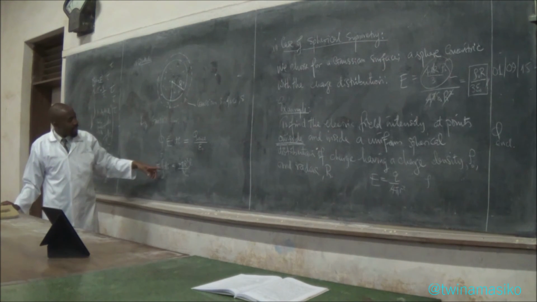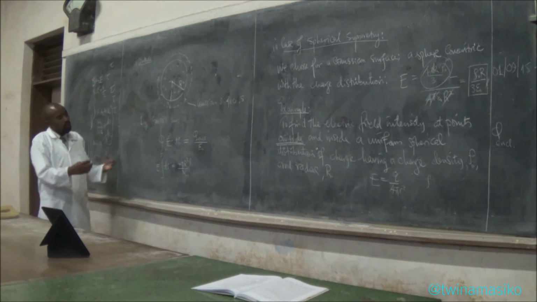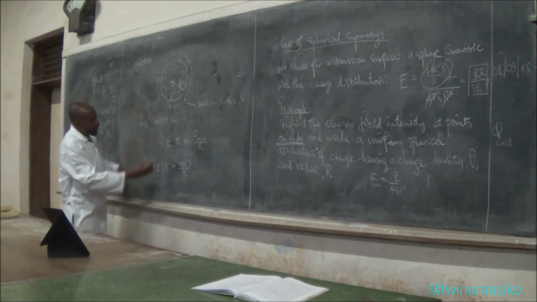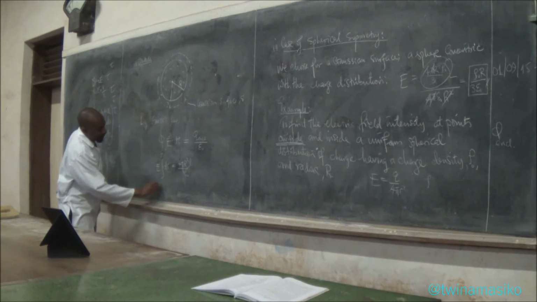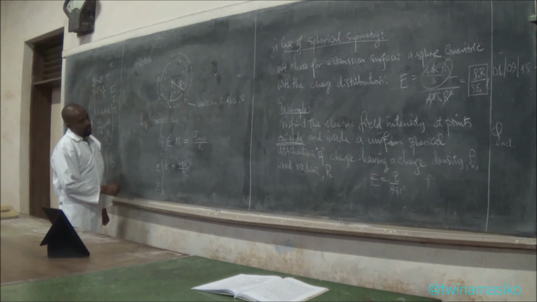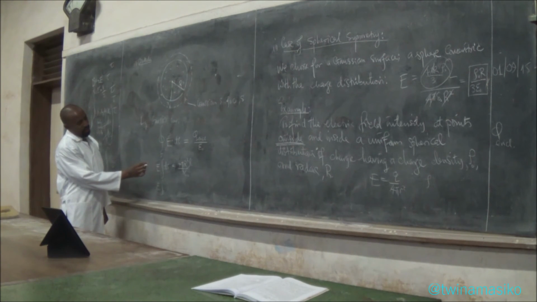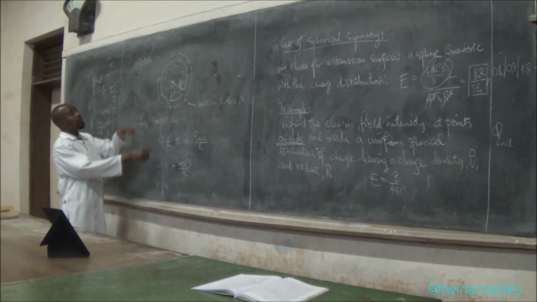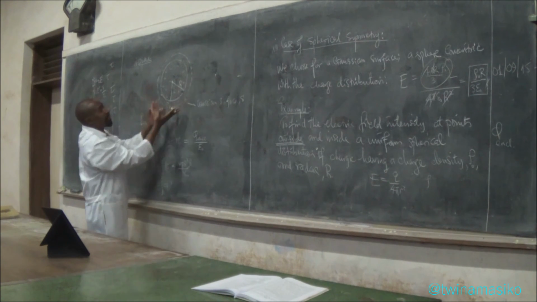But that area, where my Gaussian surface is, will now be E integral. So what is the surface area of the sphere? 4 pi r squared, and this is small r because I'm looking at the whole surface.